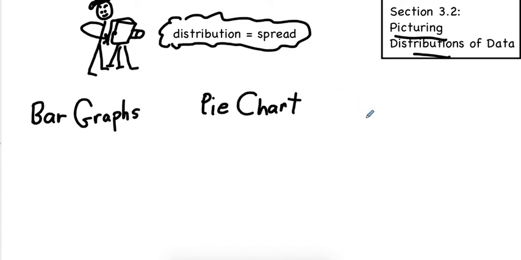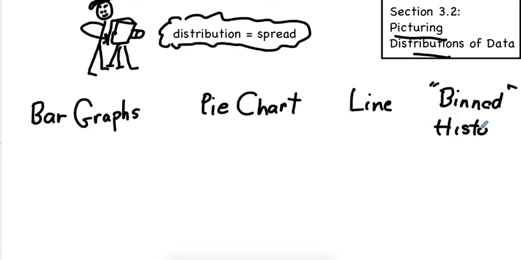We're going to look at line graphs, a line plot. And then we're also going to look at what happens when we do binned data, which we talked about in the last slide. And really, we're going to give those a special name. We're going to call those histograms. All right, so 4 different things that we're going to describe for pictures of data.